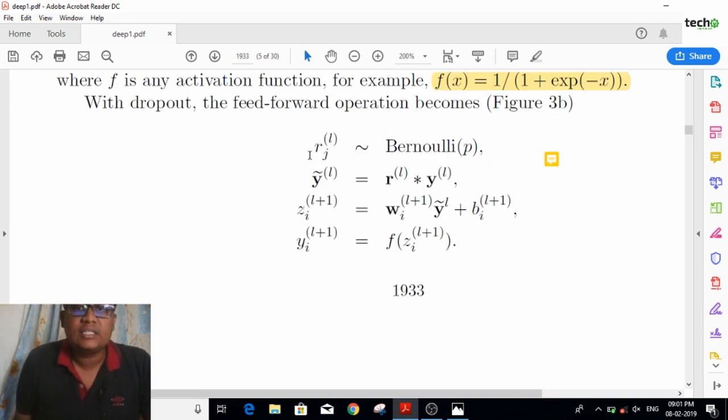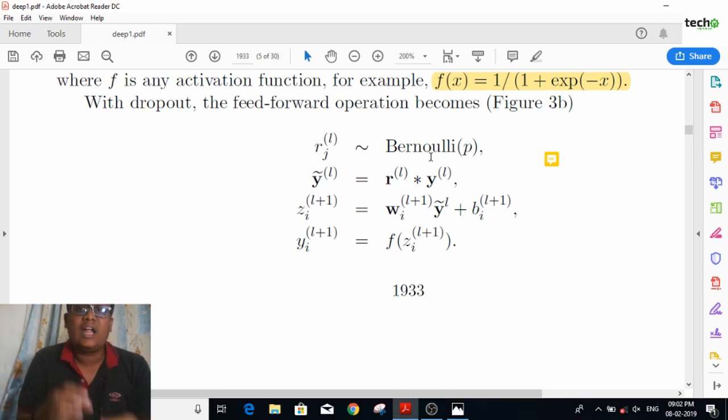The extra term here is Rj. R stands for random probability. The name itself says that we randomly pick some of the layers and drop those layers. So this R is going to hold the random probability. This is a function which is going to give you random probabilities.